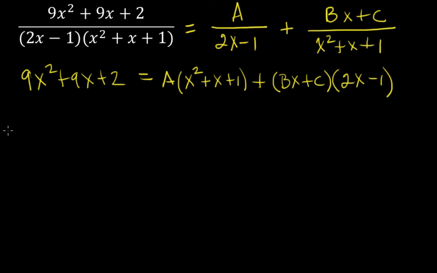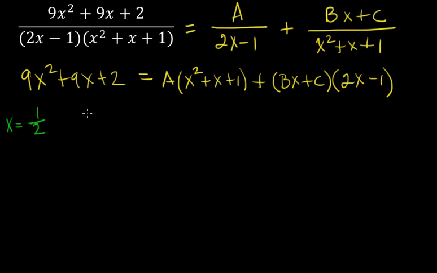Now we plug in some convenient values. Well, the only real convenient one I see is the one that will make 2x minus 1 equal to 0. So x equals a half. That will wipe out the whole second term here.